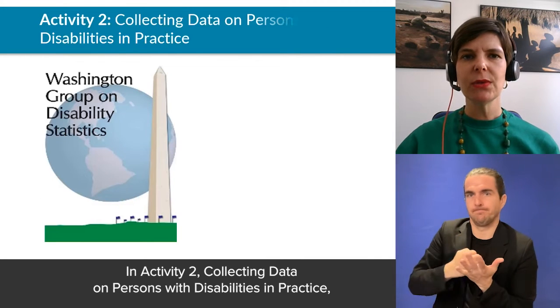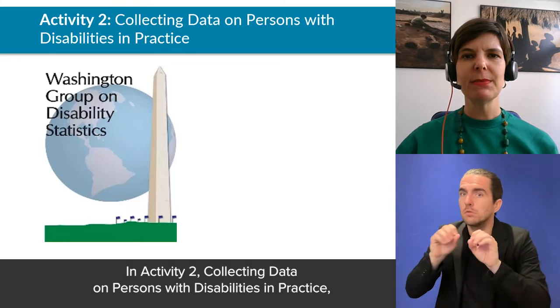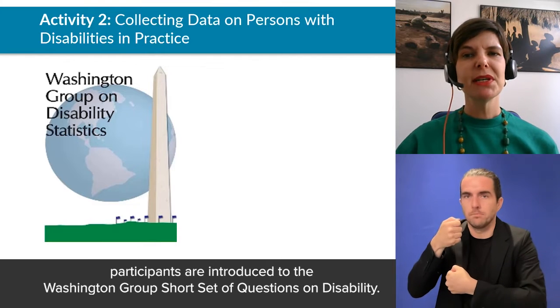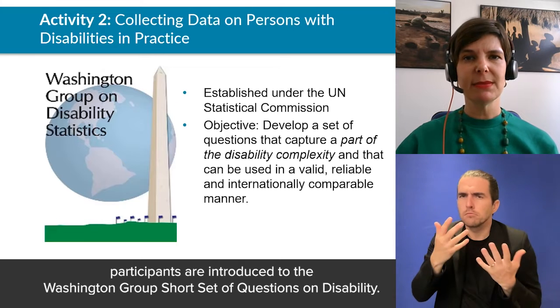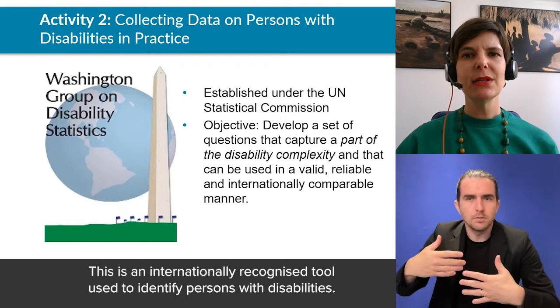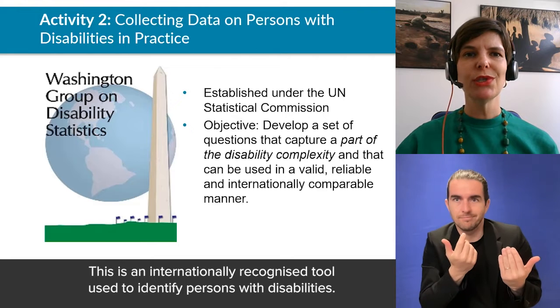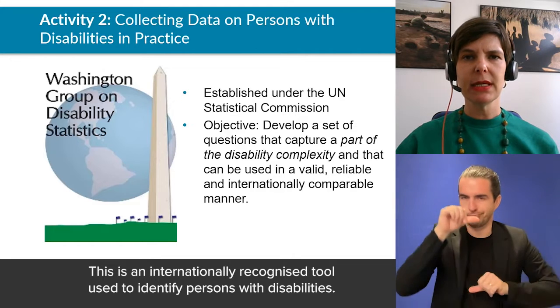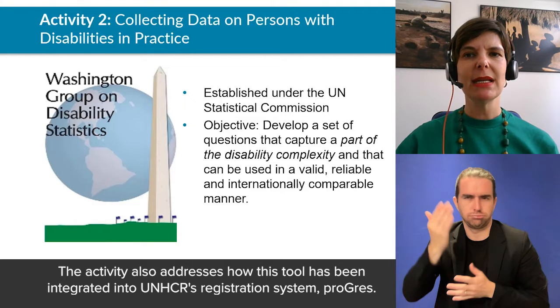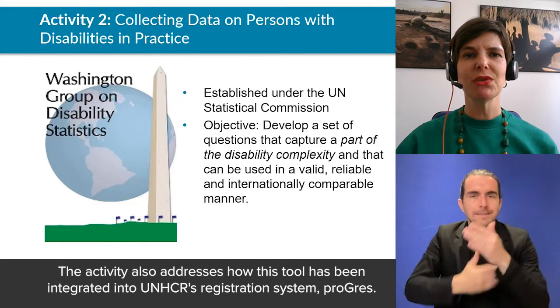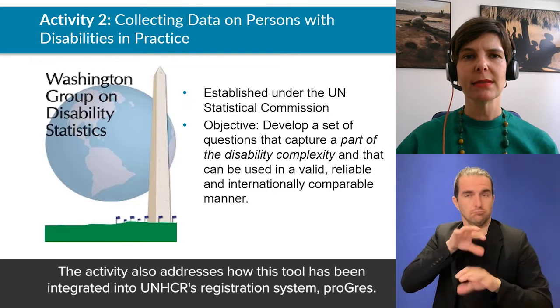In Activity 2, collecting data on persons with disabilities in practice, participants are introduced to the Washington Group short set of questions on disability. This is an internationally recognized tool used to identify persons with disabilities. The activity also addresses how this tool has been integrated into UNHCR's registration system, Progress.